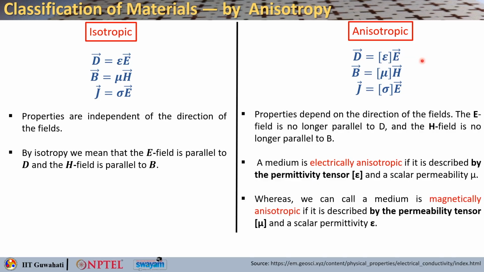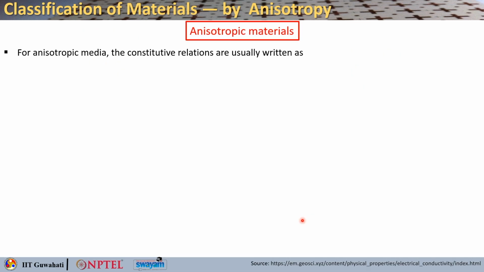On the other hand, a medium is called magnetically anisotropic if the permeability is a tensor, which means the permeability is different along different directions, but the electrical properties are the same. So, you can just go with scalar permittivity. Okay. So, that way you can do the classification.